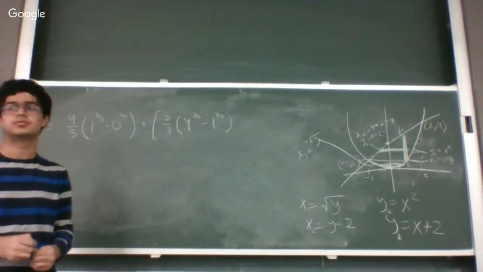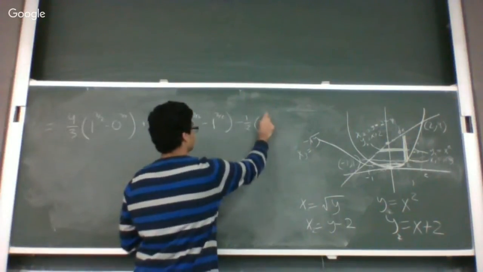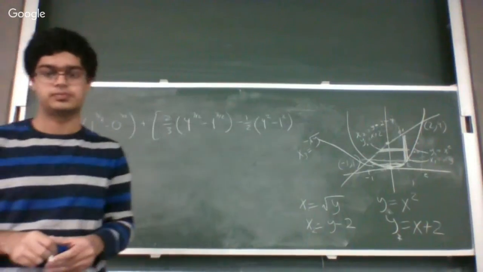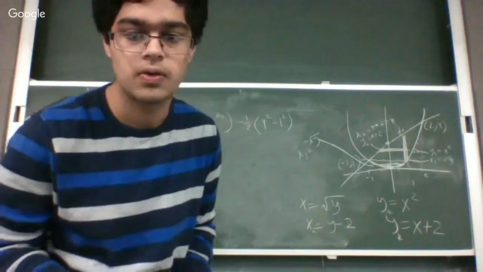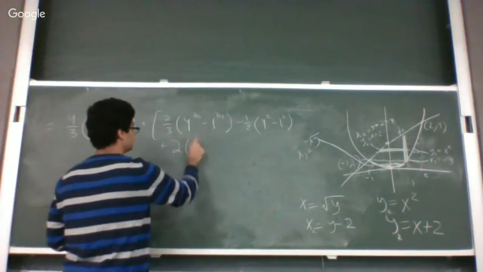Minus 1 half, 4 squared minus 1, plus 2 times 4 minus 1.